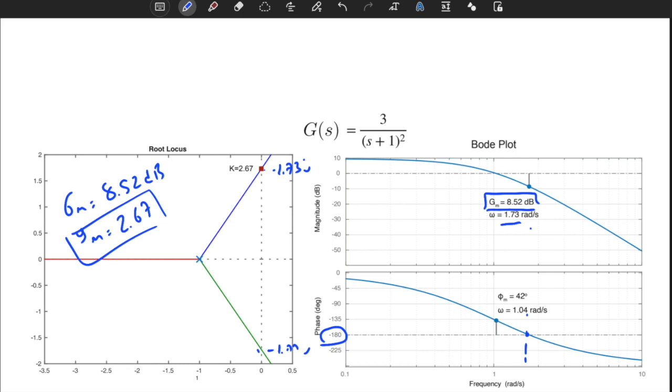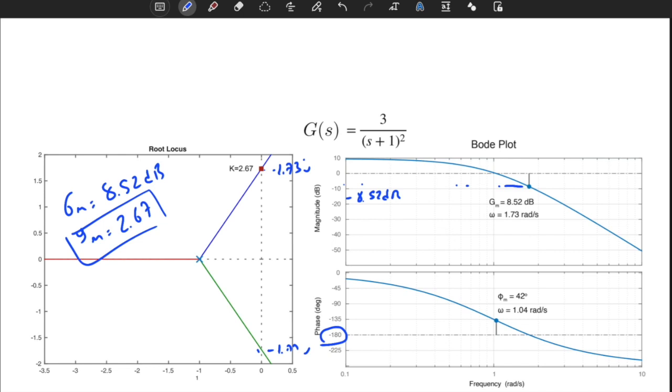So we didn't compute, we just looked at the phase crossover frequency from the Bode plot, and it's equal to 1.73 radians per second, and we verified it from the root locus. Then you look at the gain here, and this gain is equal to minus 8.52 decibels.